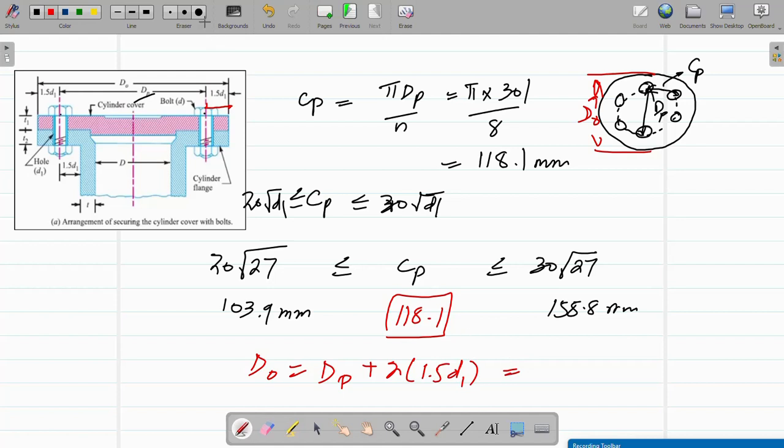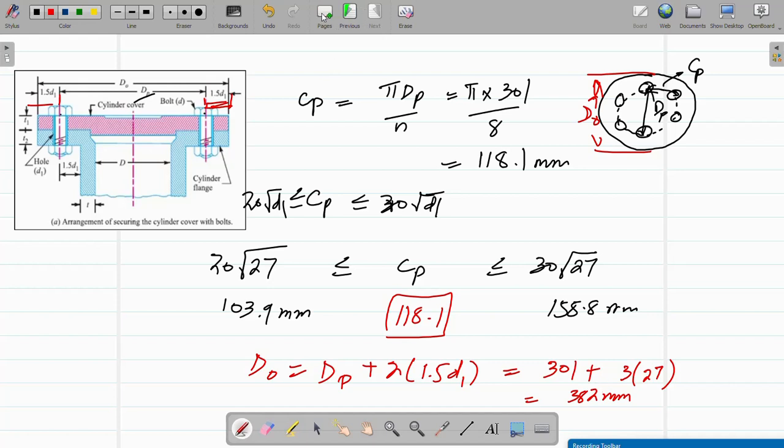Why? Because from this line to this line is 1.5 d1, and again from this line to this, so just add 2 times. So the outer diameter of your cover plate is 301 plus 3 into 27, which equals 382 millimeter. So the outer diameter of the cover plate must be 382 millimeters.